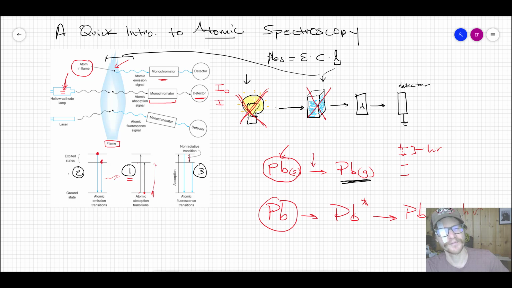The last type of atomic spectroscopy is the fluorescence type, which is really similar to emission, except that we're not thermally exciting those atoms to higher atomic orbital states. We're doing that with a laser. And a laser is essentially a light source that has a fixed wavelength.